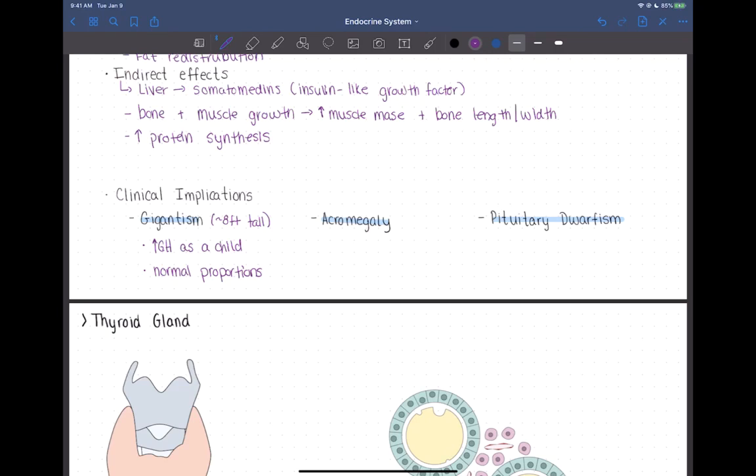So for gigantism, growth hormone has to be received in an elevated amount as a child, when they still have that epiphyseal plate. And then acromegaly is when somebody receives too much growth hormone as an adult.